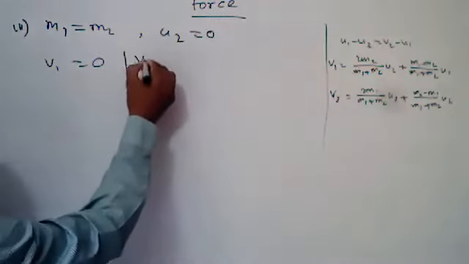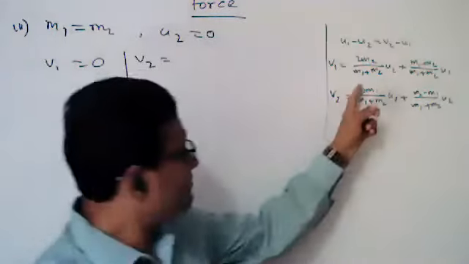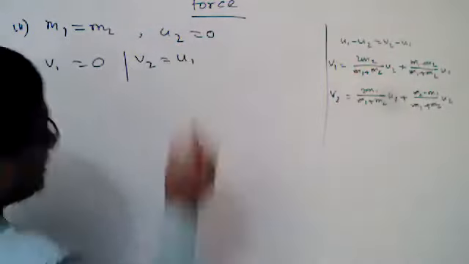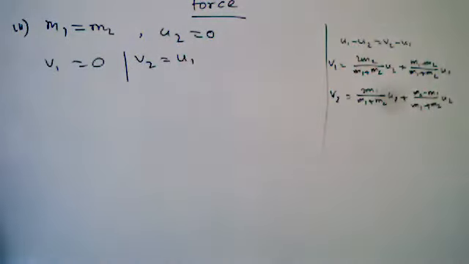And v2 will be over m1 plus m2, so v2 equals u1. So from this we can say after collision the first object is at rest and the second object moves with the initial velocity of the first object.